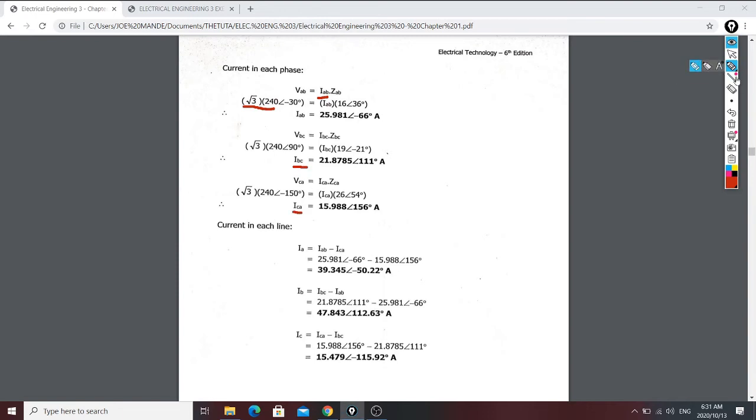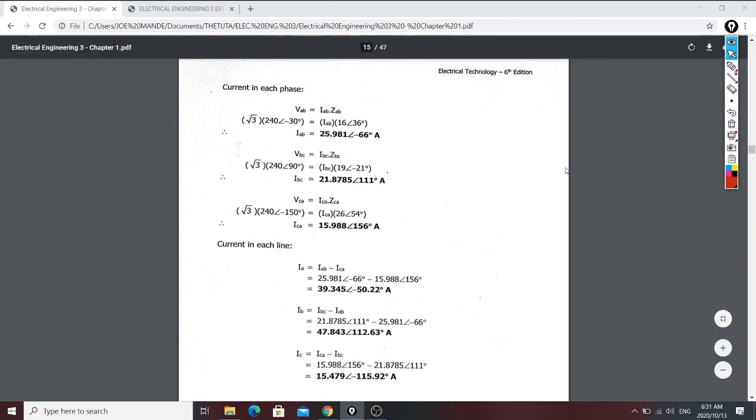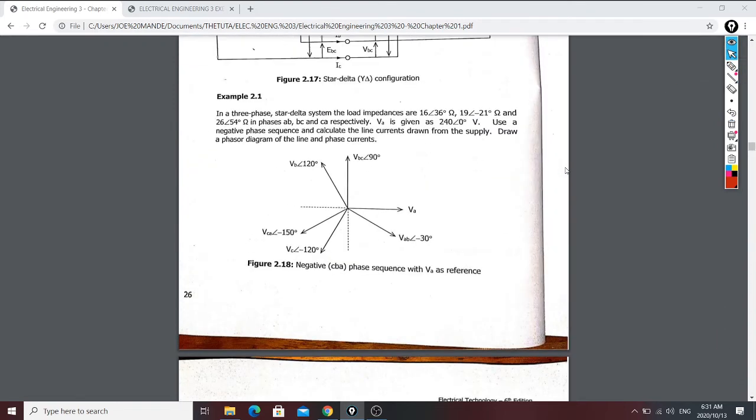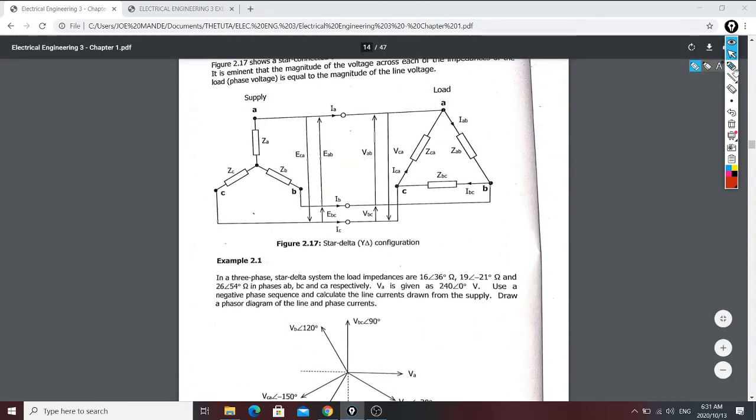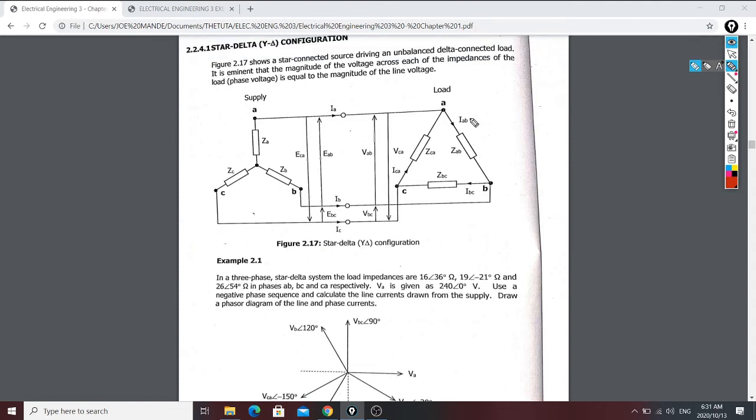After getting the three currents, you can go into your block diagram, which means you need to know how to draw the block diagram for a delta. Then you go to this junction and apply your Kirchhoff current law, go to that junction and apply your Kirchhoff current law, and go to the next junction and apply your Kirchhoff current law. Those Kirchhoff current laws at the three junctions will help you get the line current.